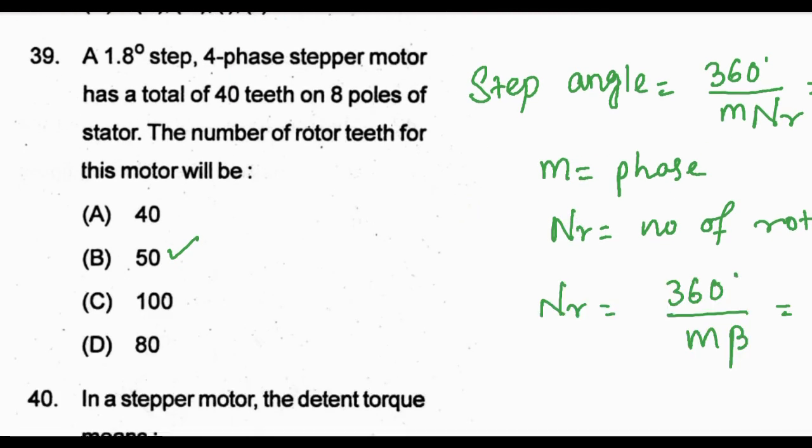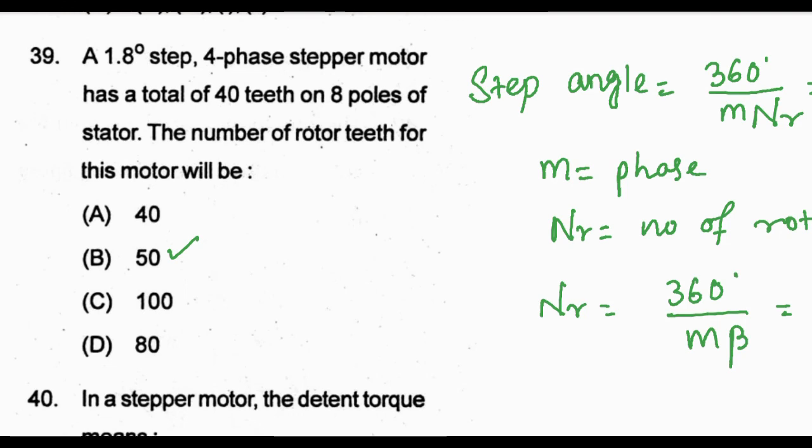Next question is question number 39. A 1.8 degree step 4-phase stepper motor has a total of 40 teeth on 8 poles of stator. The number of rotor teeth for this motor will be?